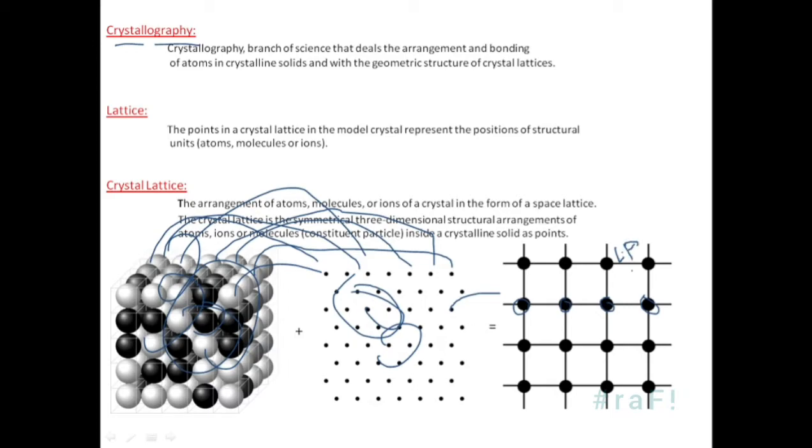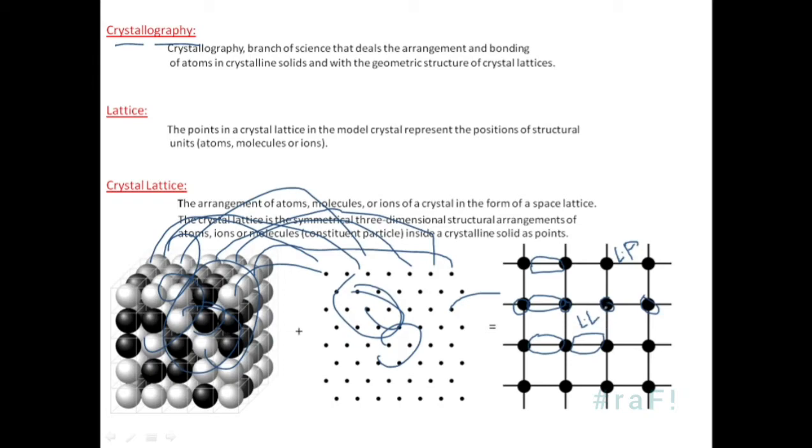Each lattice point is connected with some line. You can see a line. These lines we call lattice lines.